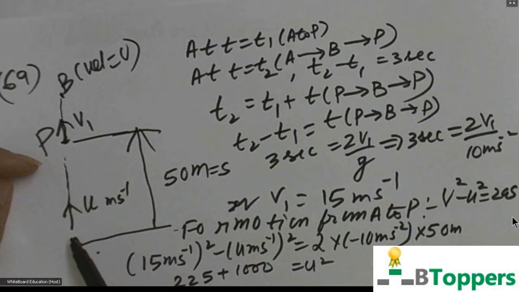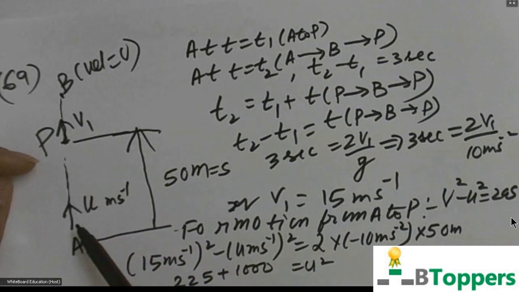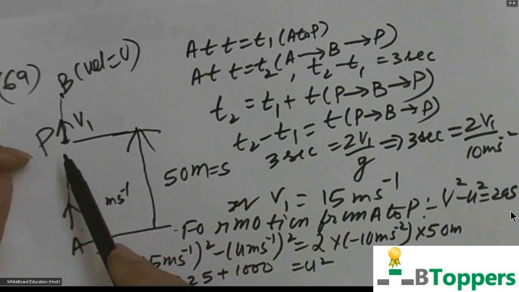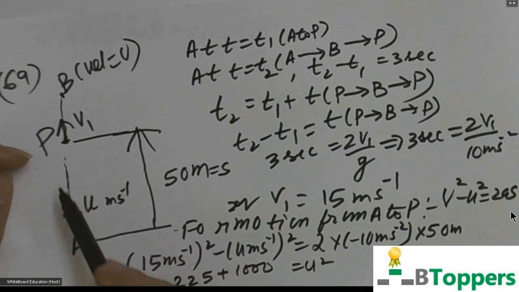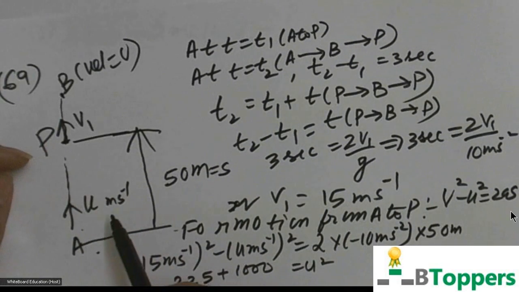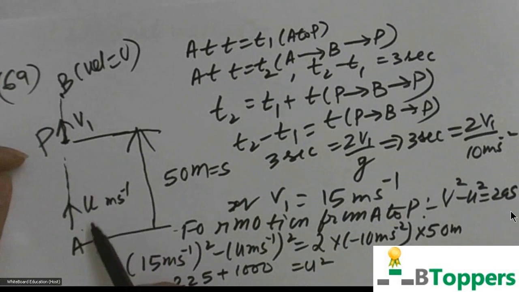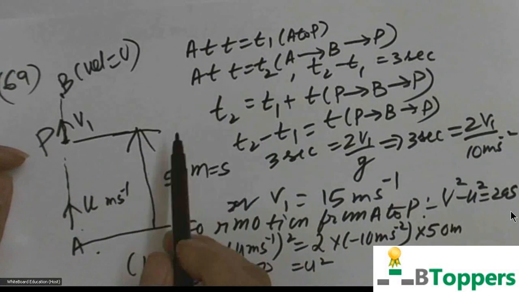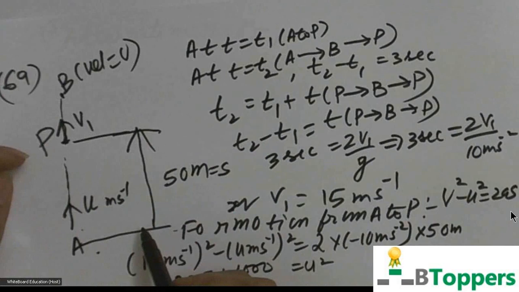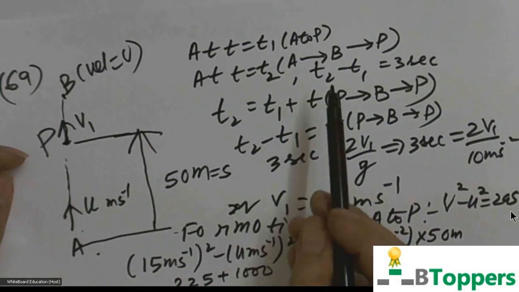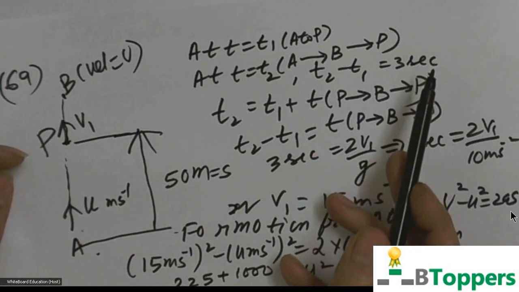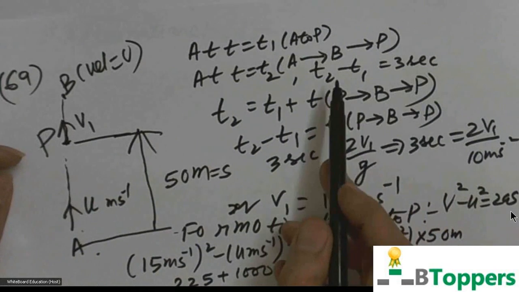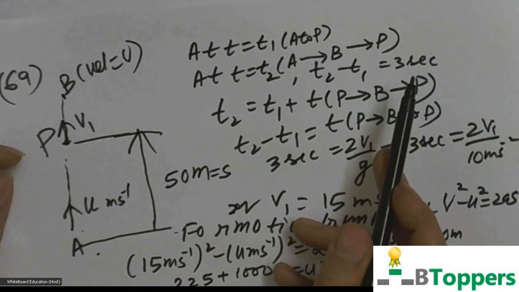So if you use the equation s equal to ut plus half at square for motion from A to P, then you get a quadratic equation in time t. You can say that t1 and t2 are the roots of that quadratic equation. You are given t2 minus t1 is 3 seconds. That means the difference in the roots of the quadratic equation is 3 seconds.